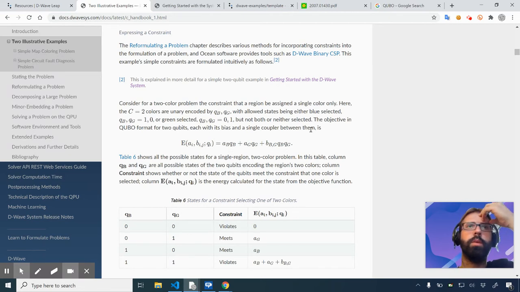And QUBO format for 2 qubits, each with its bias and a single coupler between them. What is the coupler? Table 6, all possible states for a single region.